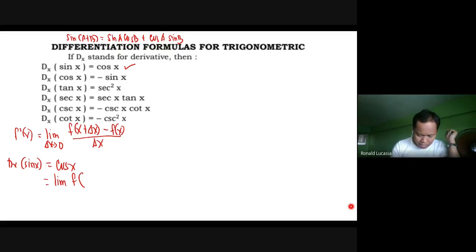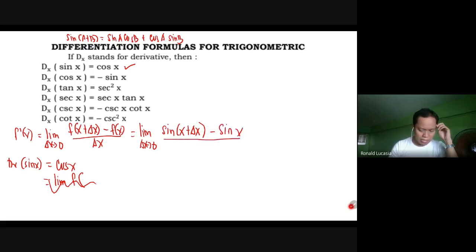So this will be wrong, my approach. I should have started here. The limit as delta x approaches 0 of sine of x plus delta x minus sine x, over delta x. The next thing is to distribute. We have the limit as delta x approaches 0.